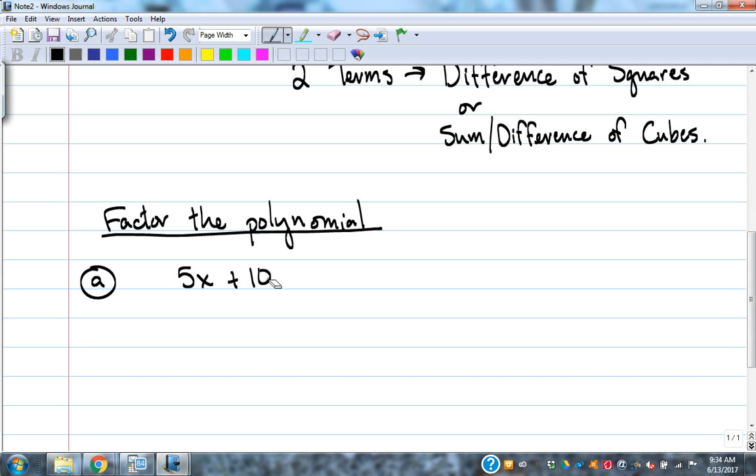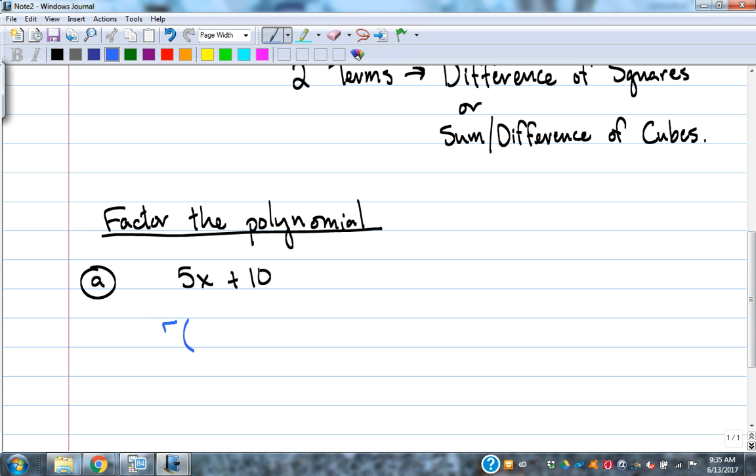The next thing we want to look for is the greatest common factor. So we want to look at the terms and say, okay, what do 5x and 10 have in common? They're both divisible by what? By 5. So that's the greatest common factor. So we're going to pull this greatest common factor of a 5 out in front.